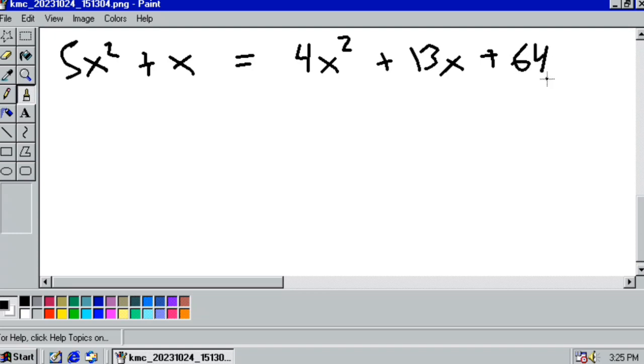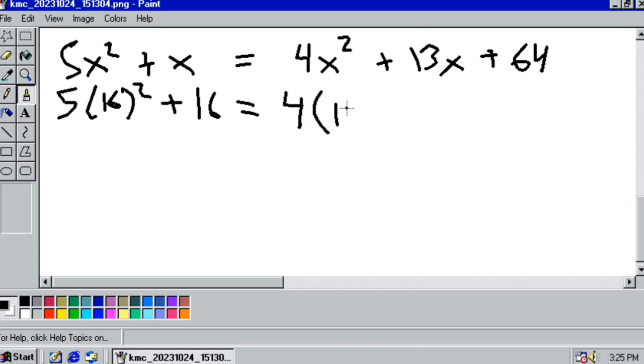Now, our x earlier was 16, so we're going to plug 16 in all of these. So 5 times 16 squared plus 16. Then 4, we're going to change the x to 16.